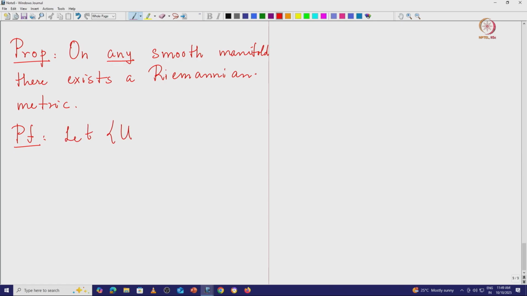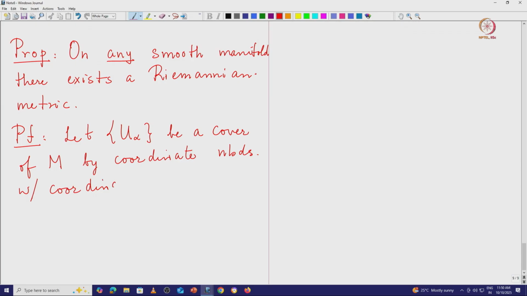So let U alpha be a cover of M by coordinate neighborhoods with coordinates x alpha 1 up to x alpha n.